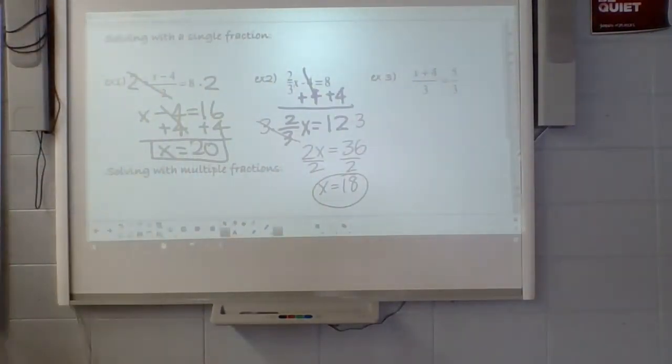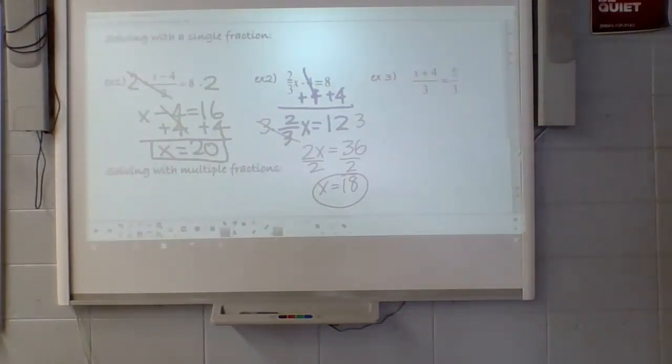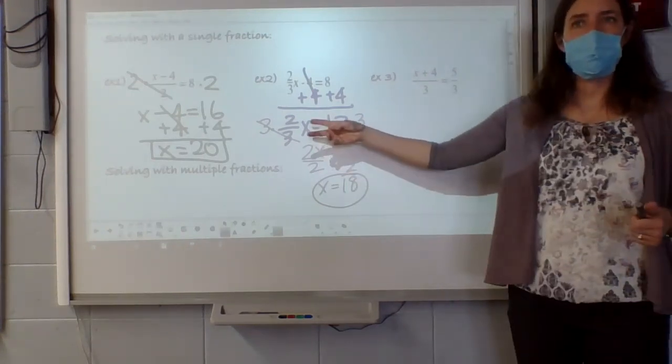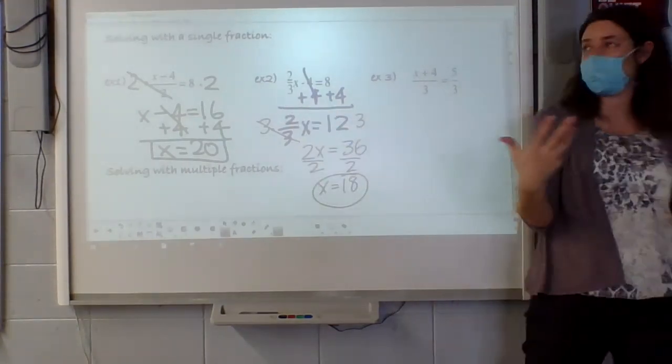Did anyone do anything different? You can divide by 2/3. Your calculator can do that for you. Divide by 2/3 works. Yep. Otherwise, do you guys remember what we said about dividing fractions? What do we do instead? Multiply. Yeah, the keep, change, flip. You could have just multiplied by 3/2 right away.